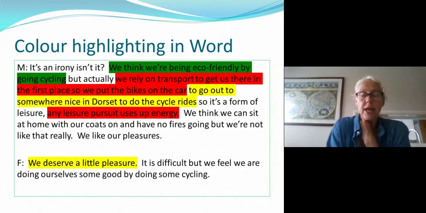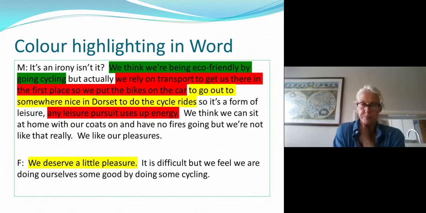So I've got an example here of colour highlighting in Word. Here, various bits of text have been pulled out with a different colour that reflects a different code. There are 3 different codes that have come up here. The first one in green is about cycling being eco-friendly.